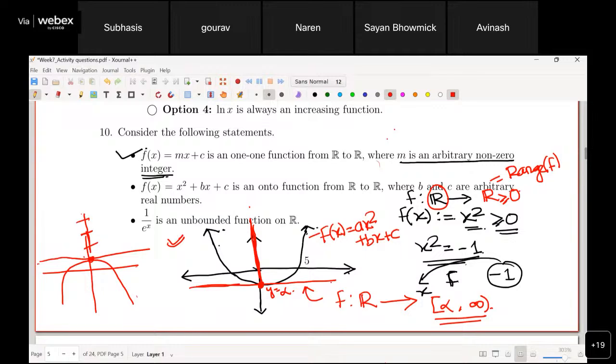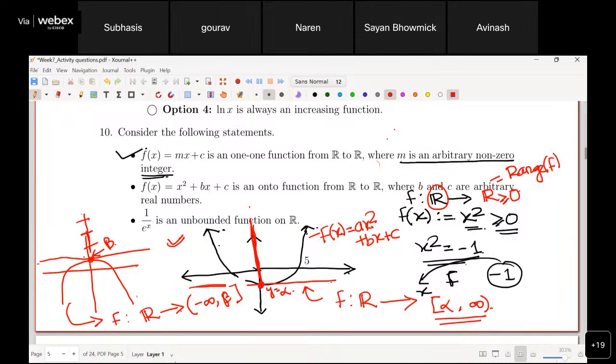And similarly here, if suppose this thing is, let's say, beta, and I consider this function from R to (minus infinity, beta], beta should be a closed endpoint.